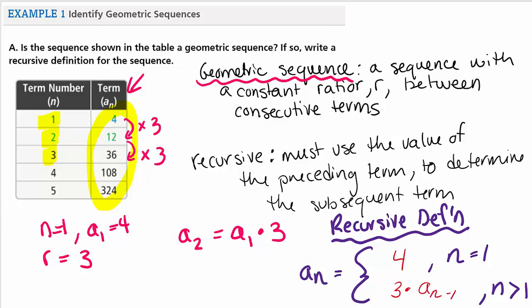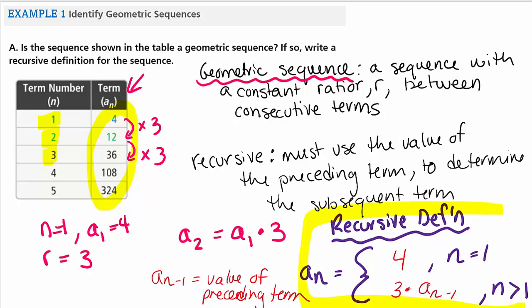And how we write that is a sub n minus 1. So I'm going to write that over here. A sub n minus 1 is equal to the value of the preceding term. So here is our final answer.